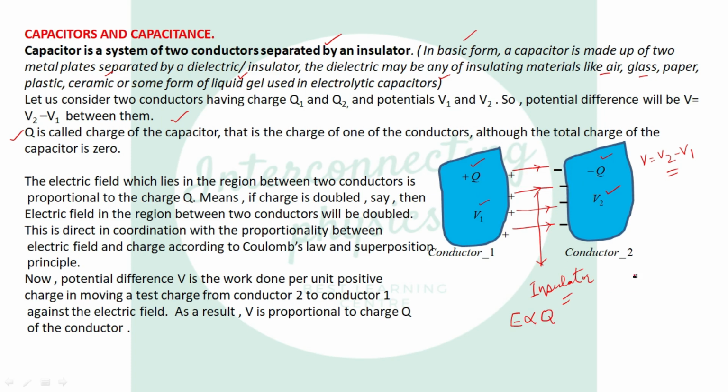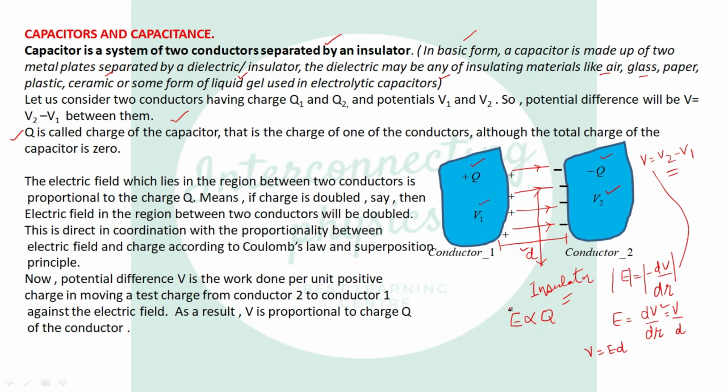We also know that E equals minus dV upon dr. If we take the magnitude of this equation, then E is equal to dV upon dr. If we take the potential difference as V and the distance between the two conductors as d, that is, the thickness of the dielectric, the thickness of the insulating material is d, then we take dr as d, and we see V equals E into d.